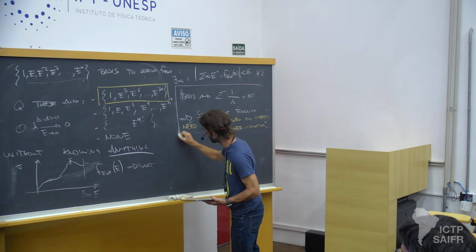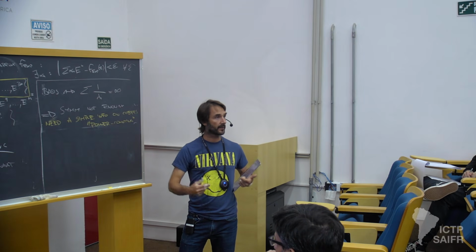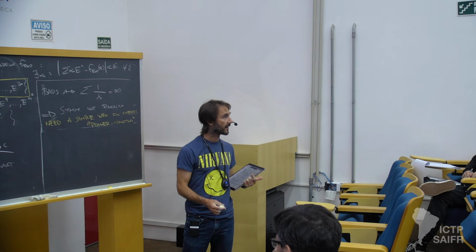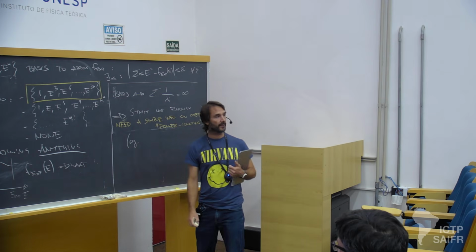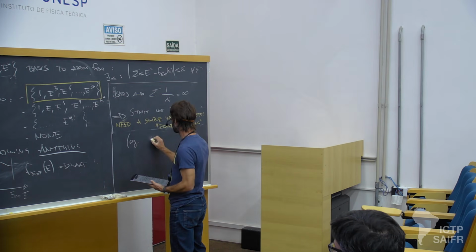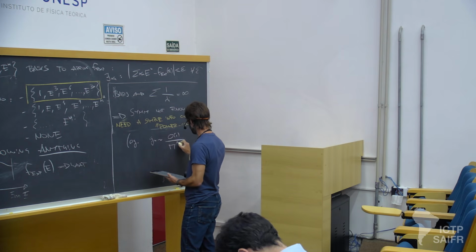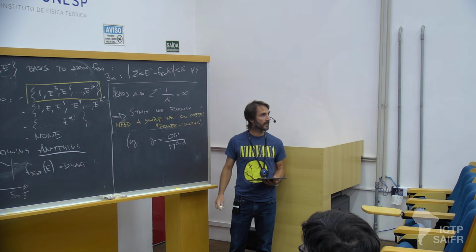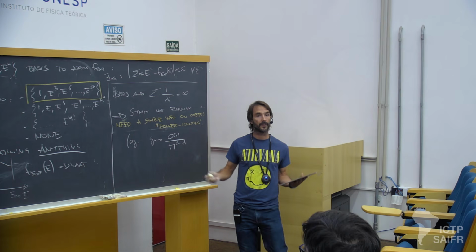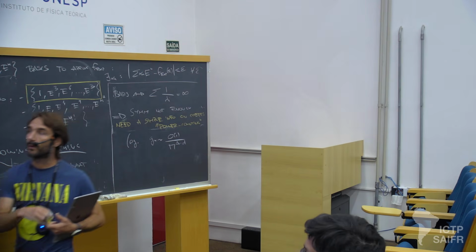Power counting is a minimal piece of information that basically tells us what operators we must keep and what operators we can neglect at a given energy, okay? So for instance, in many reviews on effective field theory, you will find that these coefficients will go like order 1 things divided by appropriate powers of the energy scales. This is just a possibility. Power counting depends on what theory it's coming from.